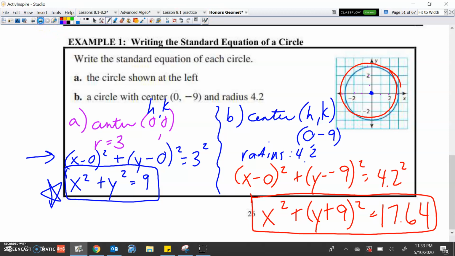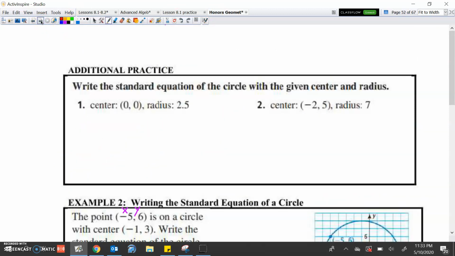Okay, so some practice here at the top. All right, so the first one they tell us has an origin. The center is the origin, so that's good to know. It's going to make our problem easier. And then we have a radius of 2.5. Okay, so I'm going to say x minus h squared plus y minus k squared equals 2.5.